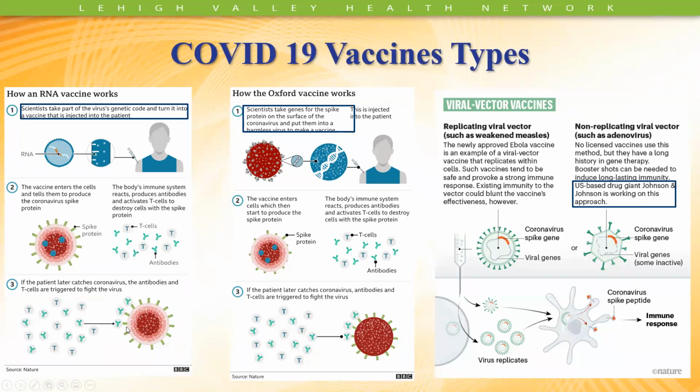Okay. So again, the idea with the RNA type of vaccines, and Terry's going to go into more detail with this, so I don't want to belabor it, is that you try to mimic the virus, and your cells recognize the virus, and immediately your antibodies and T cells come to the rescue and attack this virus.